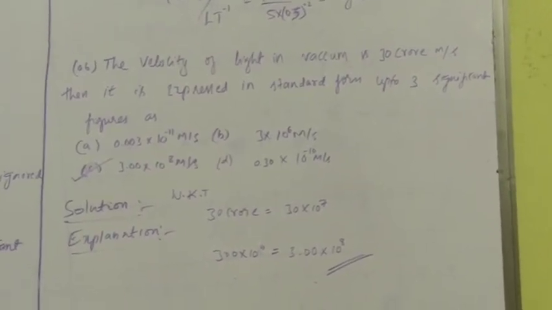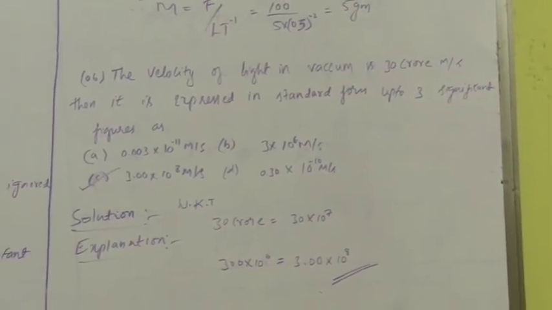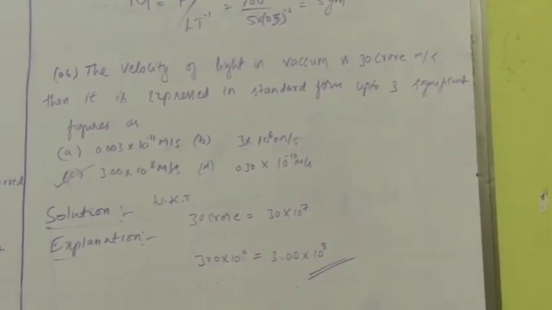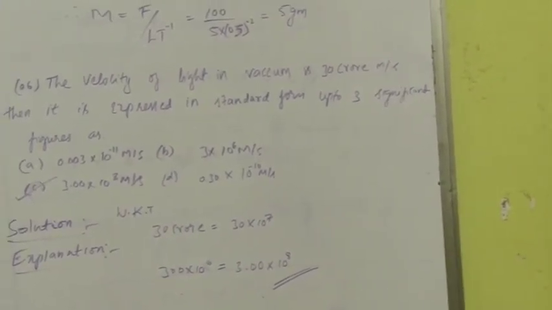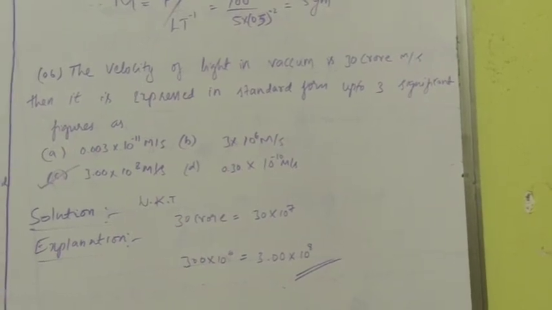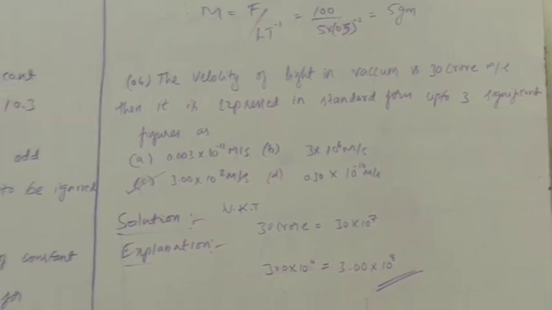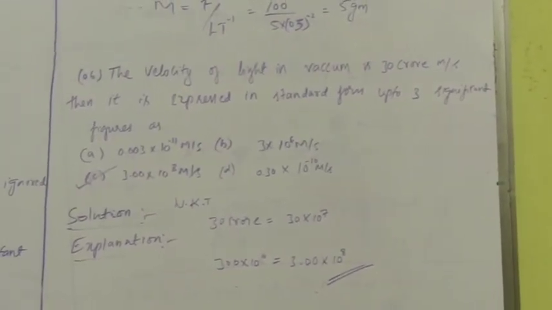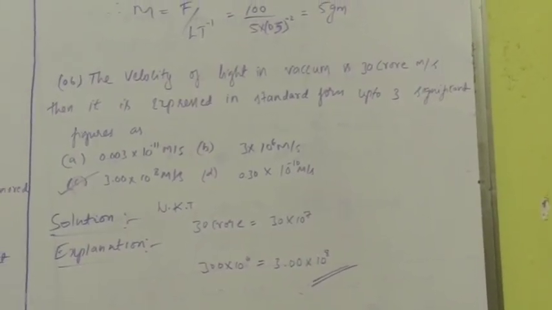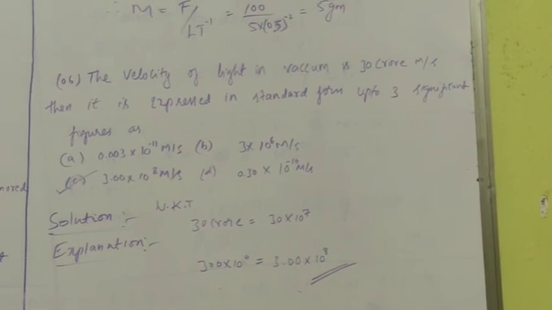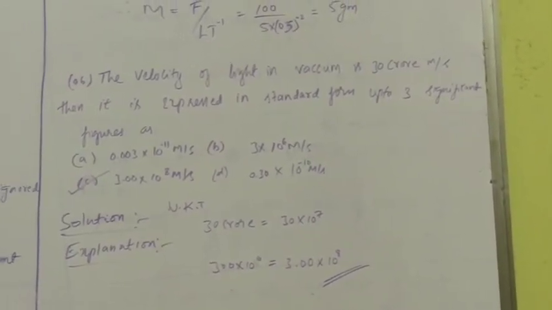Since it is crores, we get a positive sign. 30 crore is equal to 30 × 10 to the power of 7. That means we can also write 300 × 10 raised to 6, but it doesn't match our given options, so we have taken 3.00 × 10 raised to 8. Option C is the perfect answer.